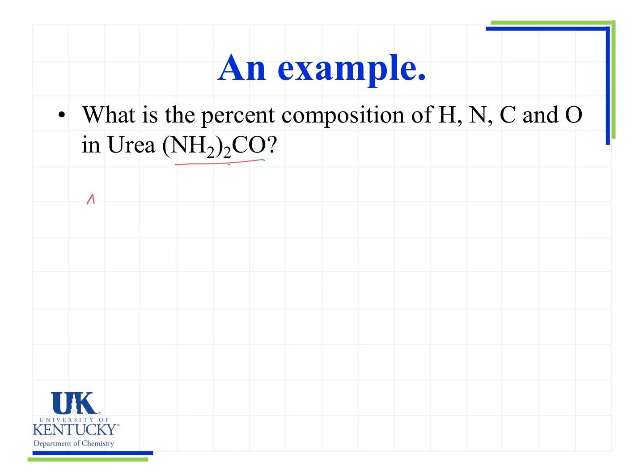For nitrogen, we have to multiply the mass of nitrogen, which is 14.007. And how many nitrogen do we have? We have 2.